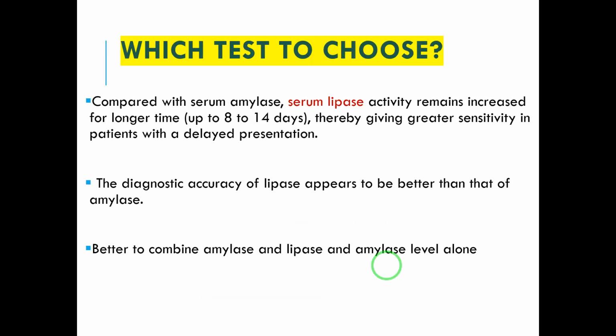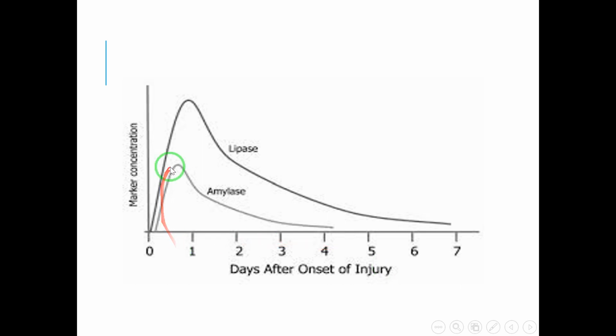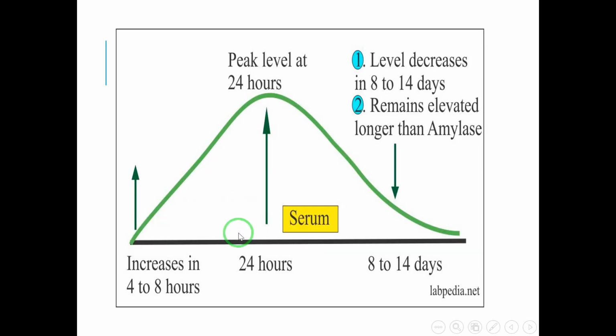we may choose to use another marker or a combination of markers. This is the lipase. We can see that the lipase increases after 4 to 8 hours, peaks within 24 hours, and remains elevated for 8 to 14 days.